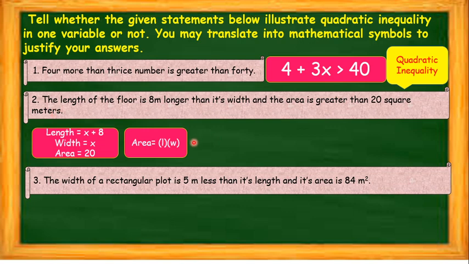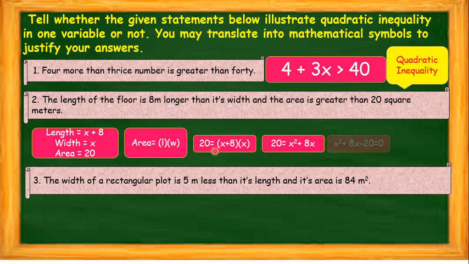Substituting, we get 20 equals the length, x plus 8, times the width, x. Then multiply, so we get x squared plus 8x equals 20, and by the addition property of equality we obtain the standard form.